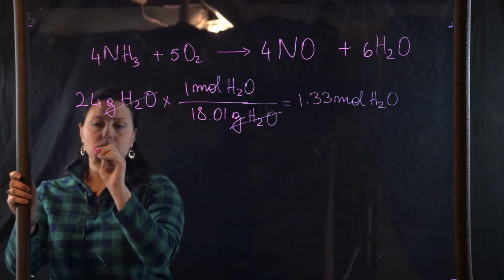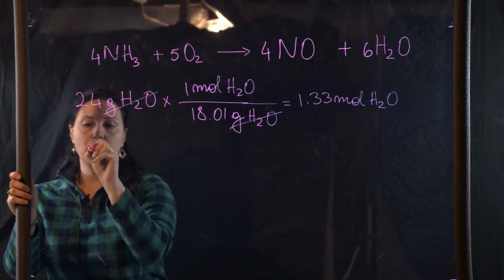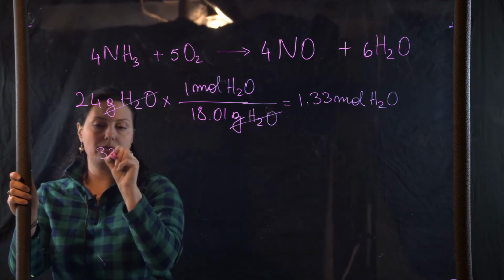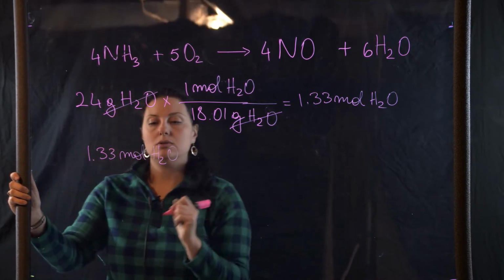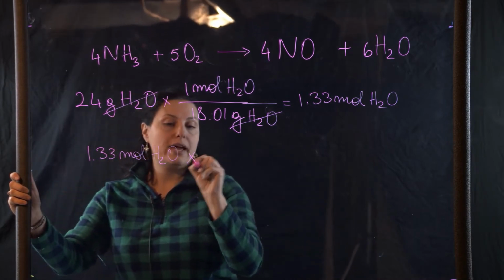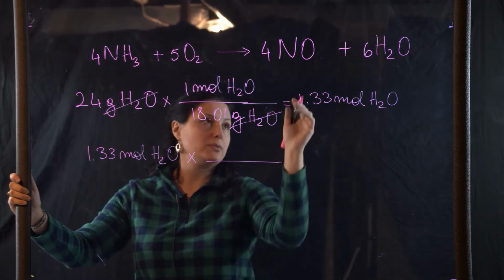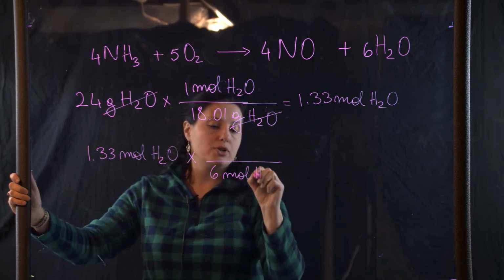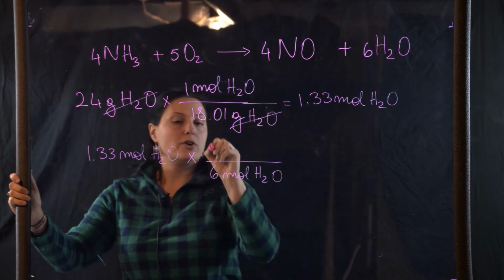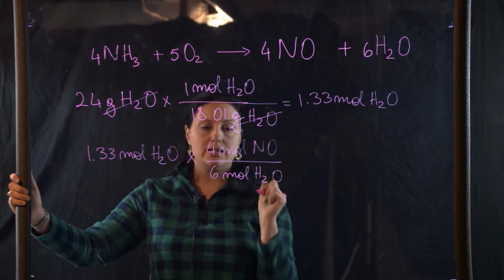So if I start with 1.33 moles of H2O, and then I write my fraction in such a way to get rid of my moles of water. So I know 6 moles of water are produced for every 4 moles of nitrogen monoxide as well.